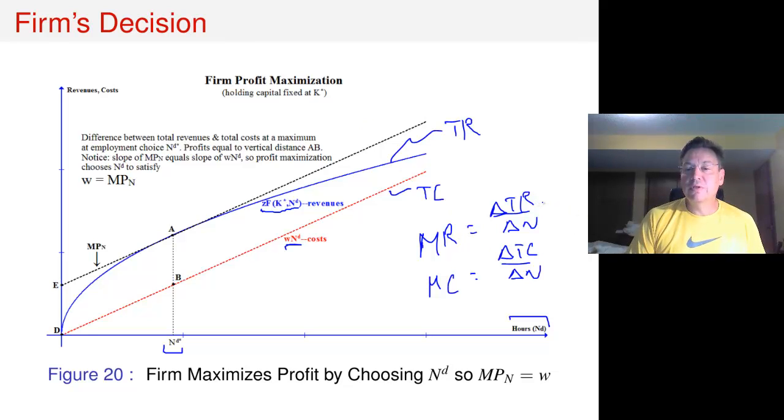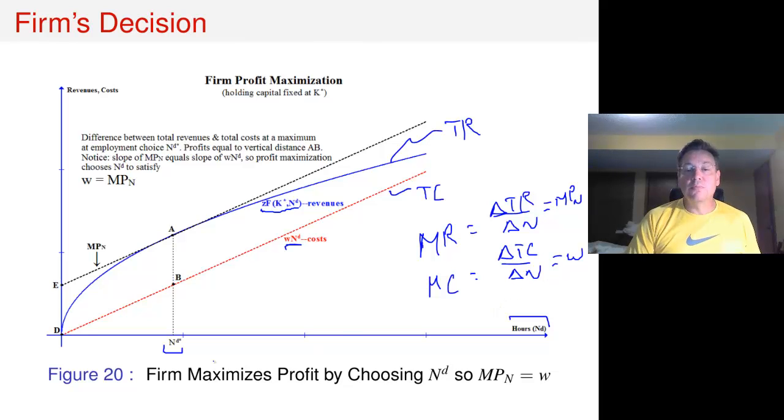So marginal revenue then is just going to be the marginal product of labor. And what's marginal cost? Well, marginal cost is how much extra it costs if you hire one more unit of labor. That's just going to be the wage. So that's the slope of this red line, and that's equal to that.